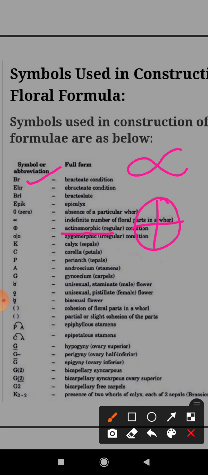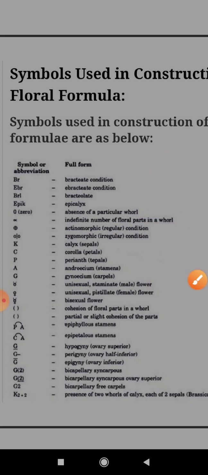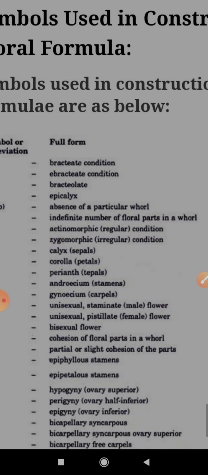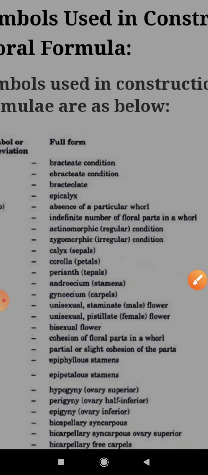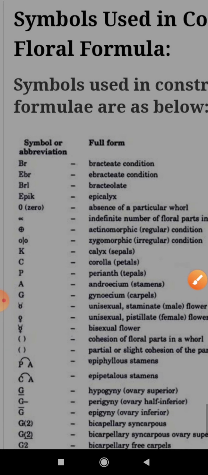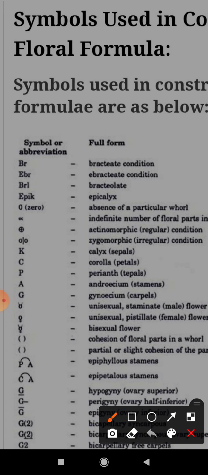So this is actinomorphic. Now if the flower is zygomorphic, meaning irregular, it cannot be divided into two equal halves through any plane, only in one particular plane it can be divided, then it is represented by a symbol like this, which is somewhat like a percentage symbol, right?